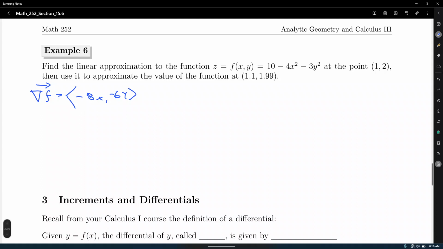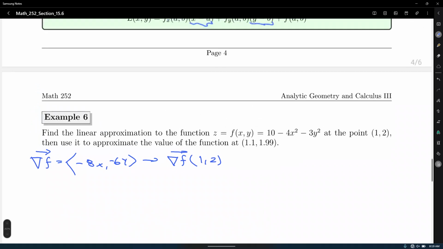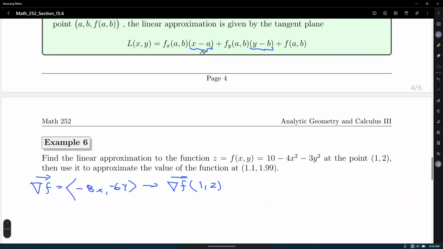So let's evaluate nabla of f at the given point (1, 2). That is our center value. Let me do this so I can relate with the idea from before. So let's evaluate this at negative 8 times x, which is 1, and negative 6 at 2.